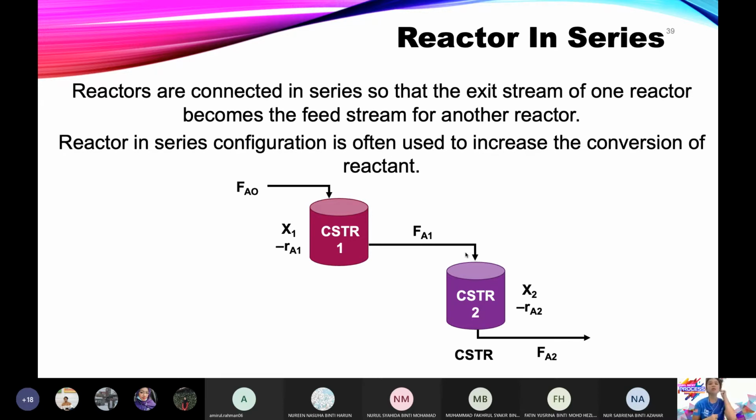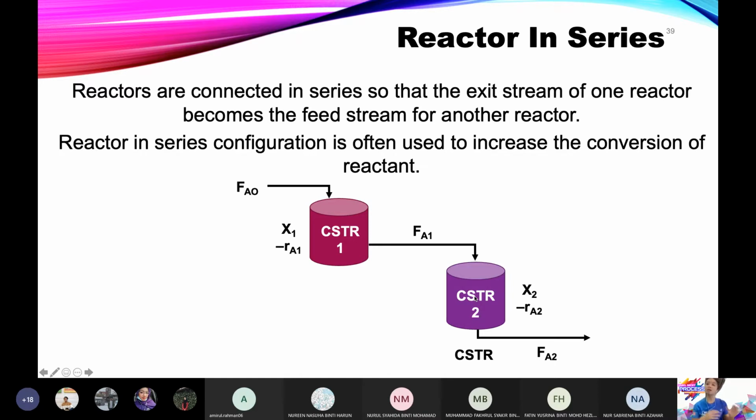Okay, so now the challenge in using reactor in series, kamu kena faham a few concept. First of all, it is an open system, meaning the outflow of the first reactor is also the inflow for the second reactor, and so on.